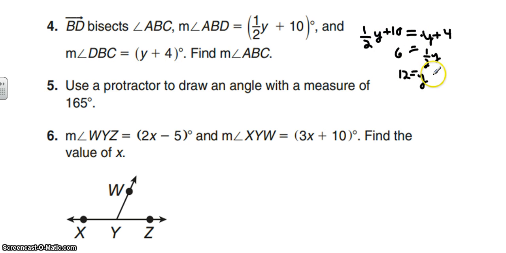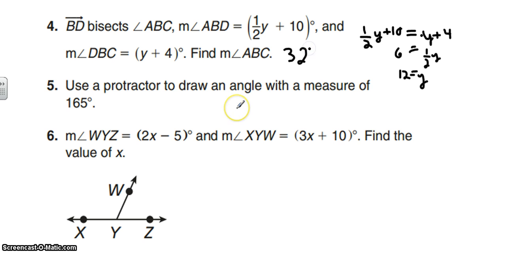And when we do, we found that y equals 12, but that's not the answer, because the question is, what's the measure of the large angle ABC? So when we plug it in to either one of these, notice we end up with a value of both of these angles being the same, 16, right? And since both of them are 16, the measure of angle ABC must be 32 degrees.